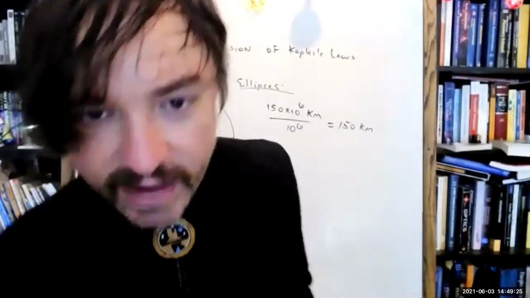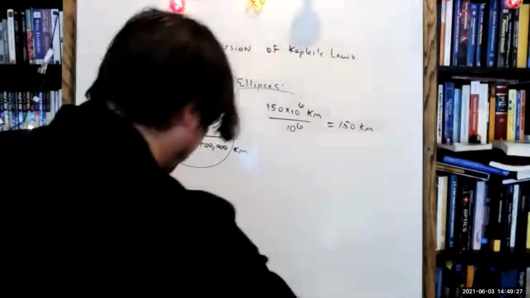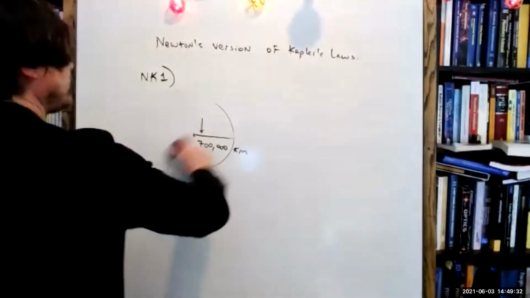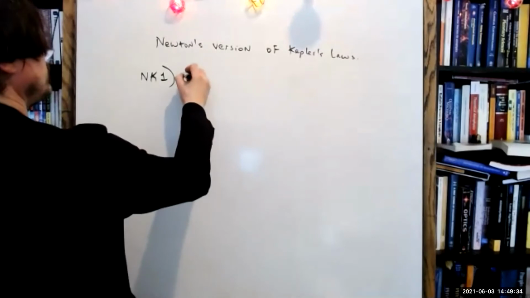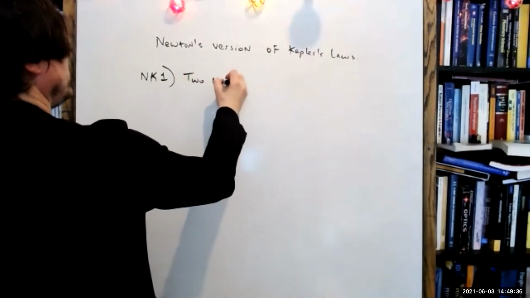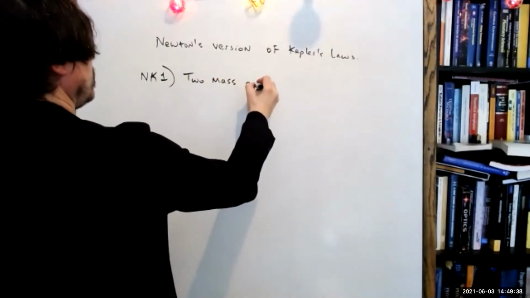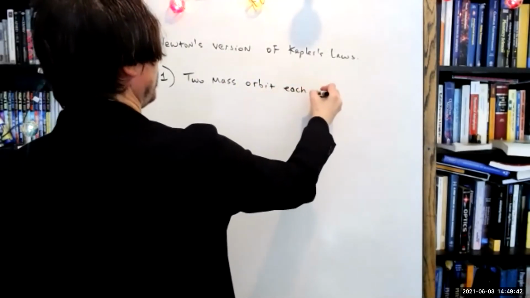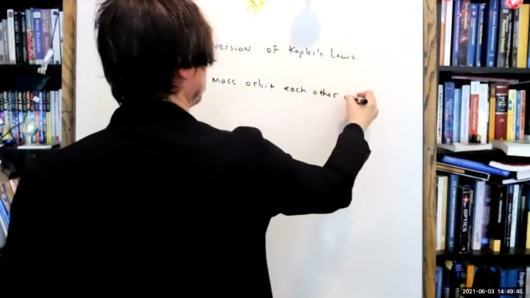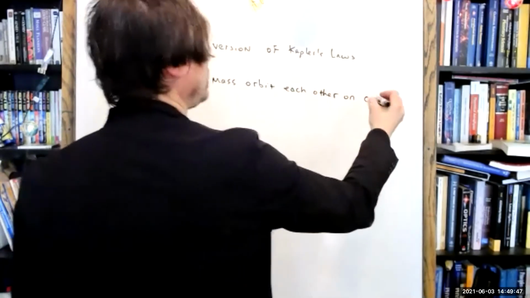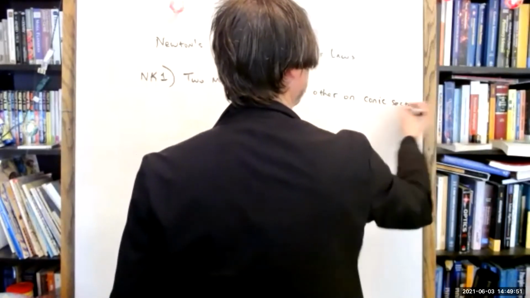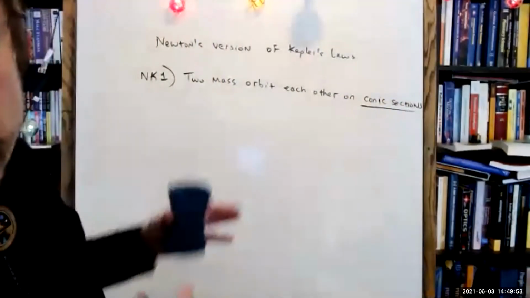How then should we best express Newton's version of Kepler's law? Let's try it something like this. The law of ellipses enhanced would say: 2 masses orbit each other on, instead of an ellipse, we would say conic sections. That's the group class.